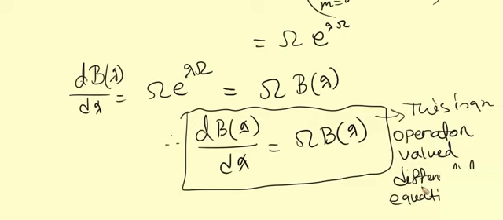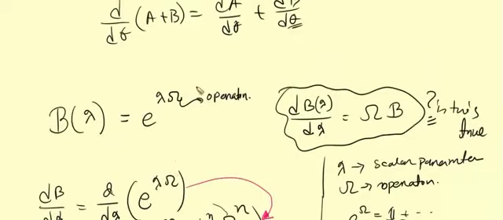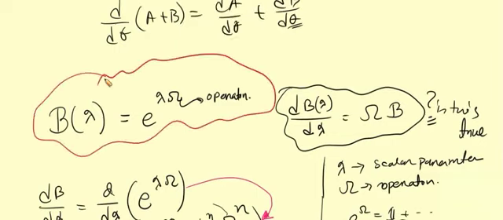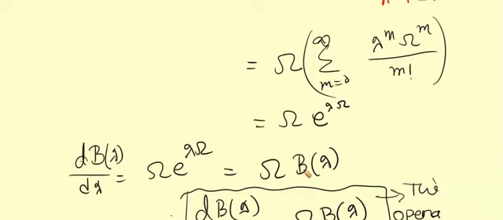An operator valued equation. And in physics, most of the time we will deal with this kind of thing, and knowing their solution is crucial. So since we got this differential equation starting with B, that was defined as this guy over here, we can say that this is actually a solution.